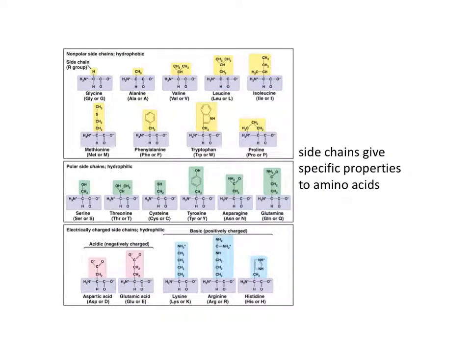So the side chains, which you can see here, are these yellow or green or pink or blue, are what provide all the specific properties of an amino acid, and it's the equivalent of making amino acids into a variety of different Lego shapes.